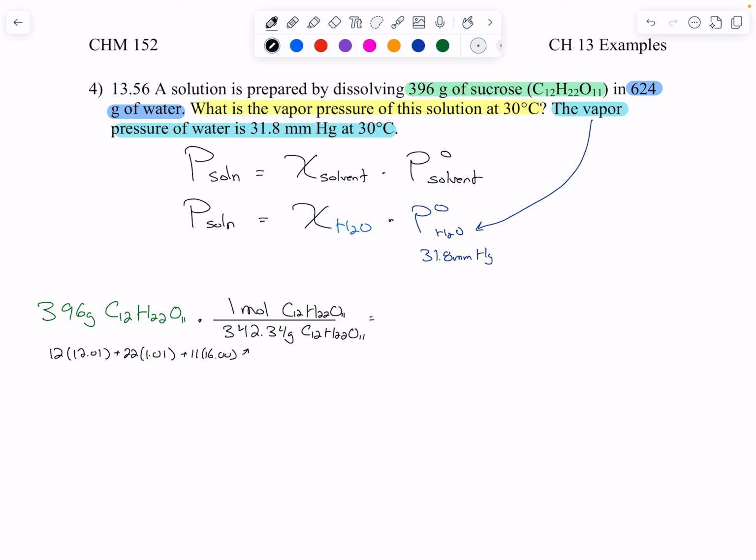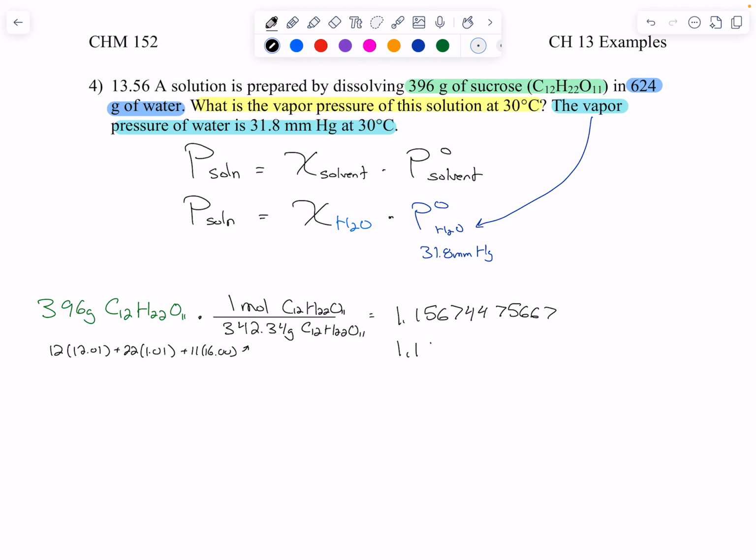So 396 divided by 342.34, I get 1.15674475667. With 3 sig figs, I get 1.16 moles of C12H22O11.